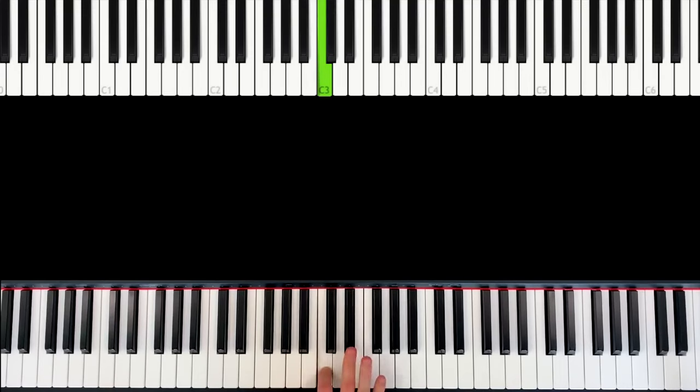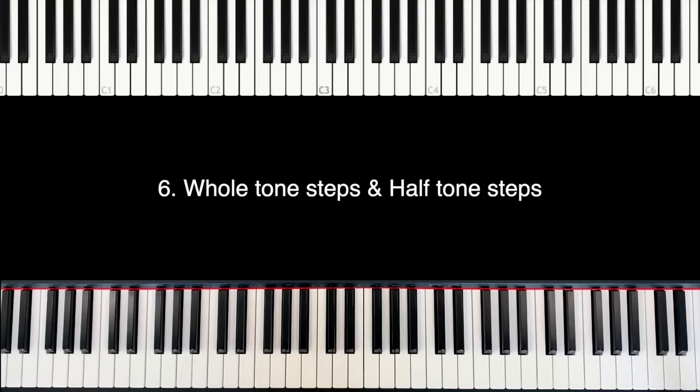So this key is the B sharp and also the C, but in 99.999% of the cases, we call this key a C. So each key has multiple names. Maybe it sounds a bit confusing right now, but you will see very soon that it's much easier than it seems to be. Okay, let's talk about whole tone steps and half tone steps.